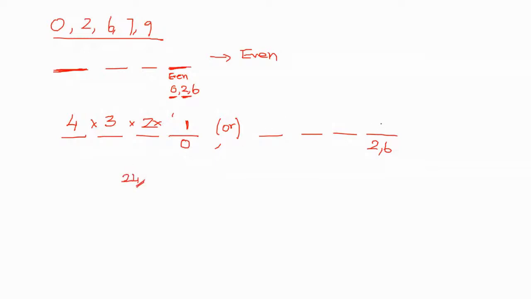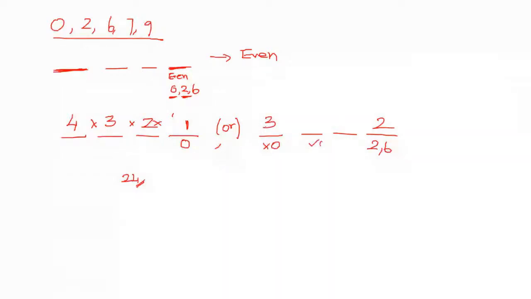And in this case, with the unit digit being 2 or 6, you'll have two possible values. But you can't use 0 in the thousands place, so only three possible remaining values can be used here.